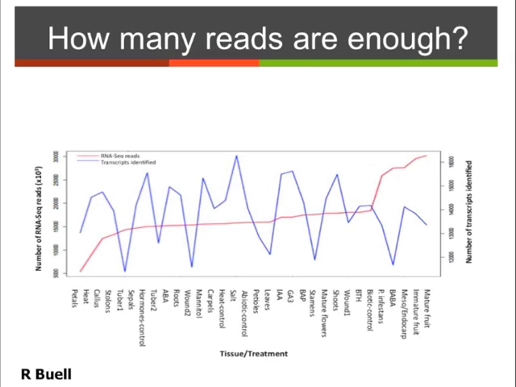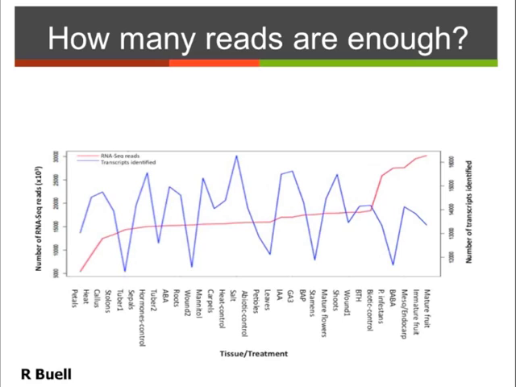What's shown in red are how many RNA-seq reads we had in millions, and this is actually from the start of the project to the end of the project, so this is just a reflection of how much more yield you get on an Illumina sequencing lane throughout the course of the project. But what's shown in blue is how many genes we actually detected as expressed in the different tissues.